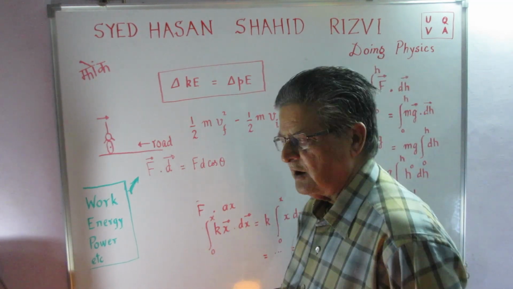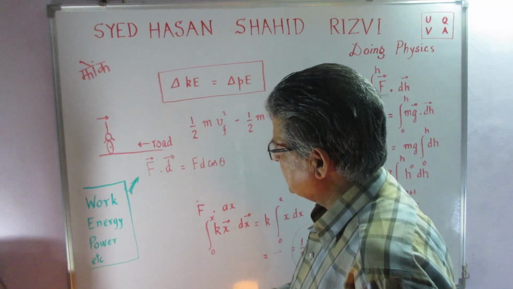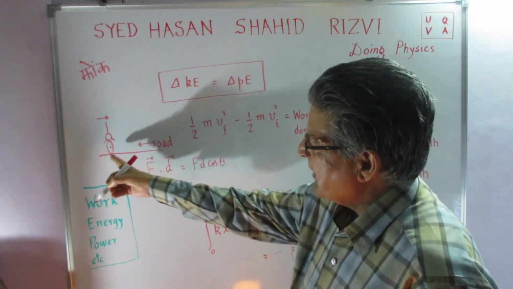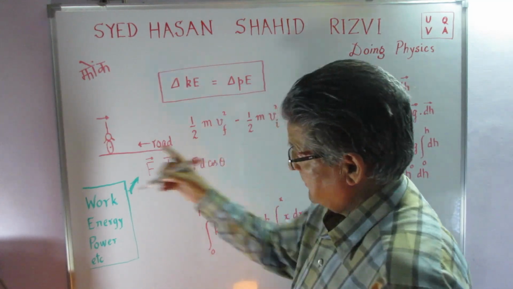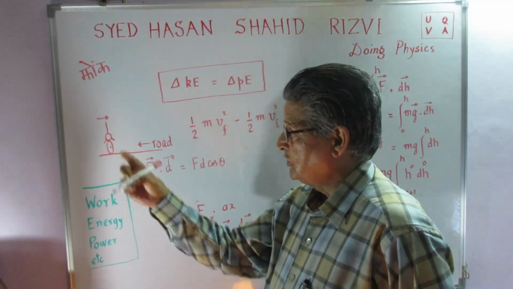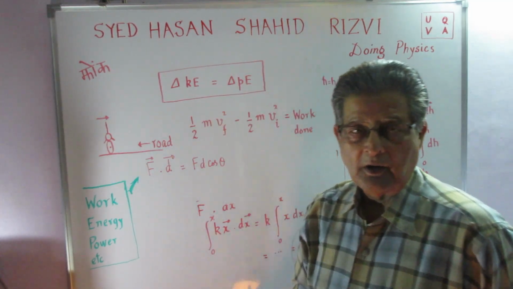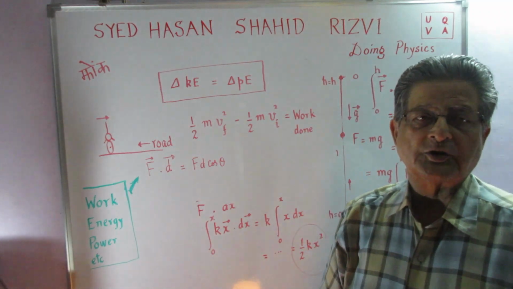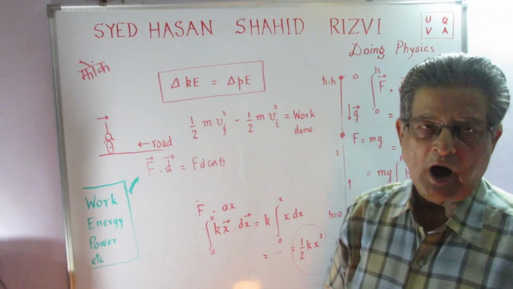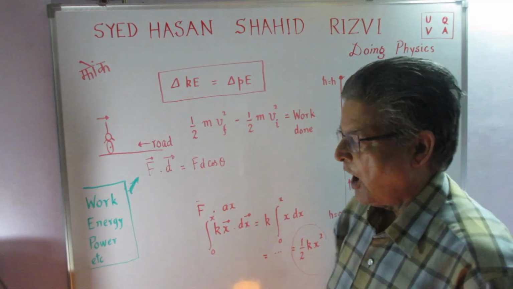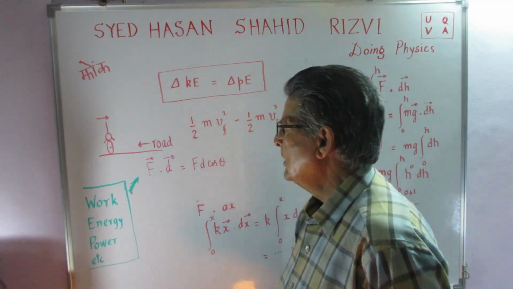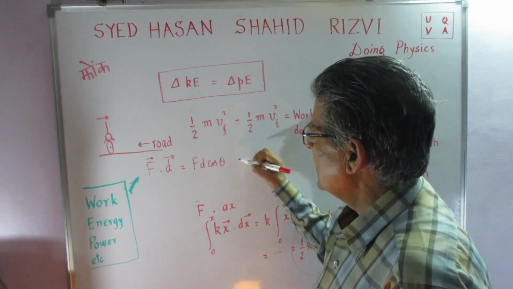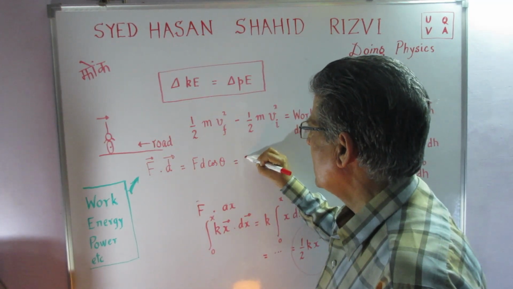Forget about that theta. The force the road applies on the bicycle, which can be determined by Newton's third law, will be equal in magnitude and opposite in direction, and the work done on the road by the bicycle will be equal to 0.